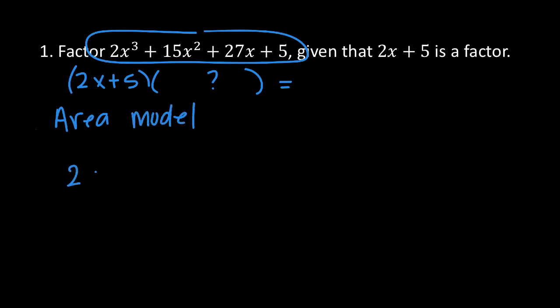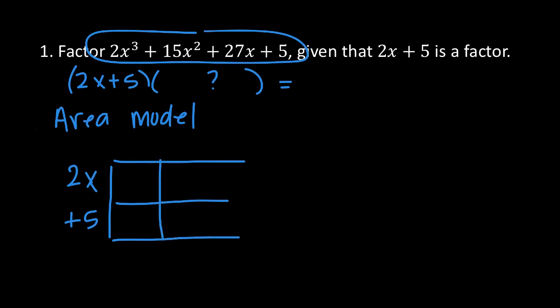I'm going to put the factor I'm given along the side, and I'm going to start to draw boxes. And maybe I'm not sure how many boxes to make. I'll just go ahead and make the first column. I am trying to figure out what goes along the top to multiply to 2x plus 5 to get all of these terms, 2x cubed plus 15x squared, to get this whole thing, plus 27x plus 5.